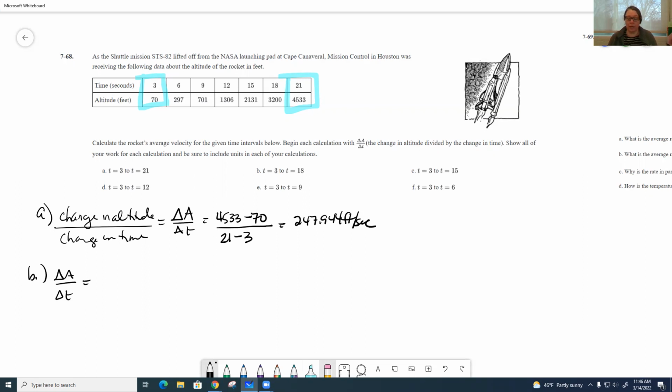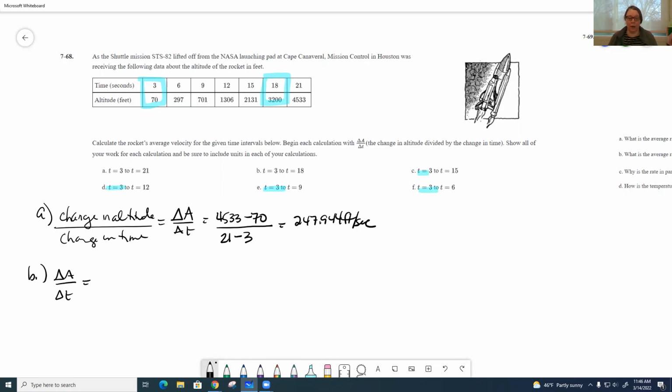Okay, so then for the next one, I want the change from T equals 3 to T equals 18. So here's T equals 3, here's T equals 18. You can see all of them are starting with T equals 3 and then going to times closer and closer to that 3.